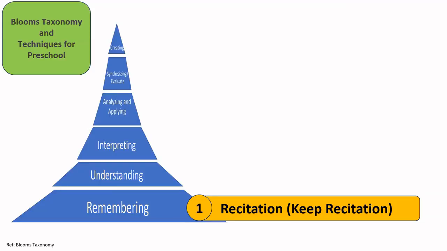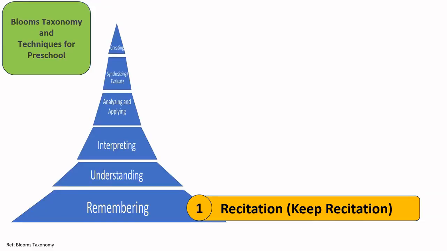Keep doing that. The moment you achieve this recitation or memorization of the child for a particular thing, then believe me, you have won 50% of the battle of developing the skill of the child.